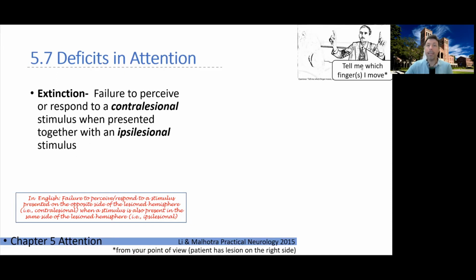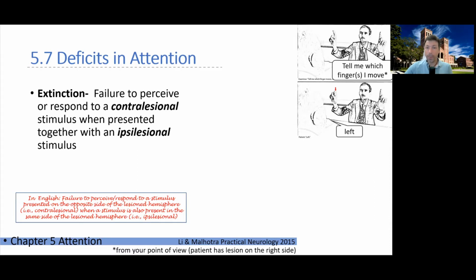And the clinician is saying, tell me which finger I move. And just so you know, the patient will respond from his own point of view. So if he says right, it's the patient's right. And if the patient says left, it's his left. Okay. So the clinician wiggles this finger and the patient says left. I should tell you, this patient has a lesion on the right side.